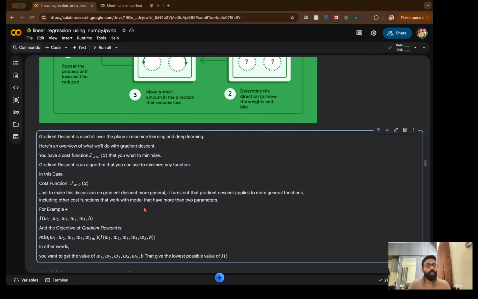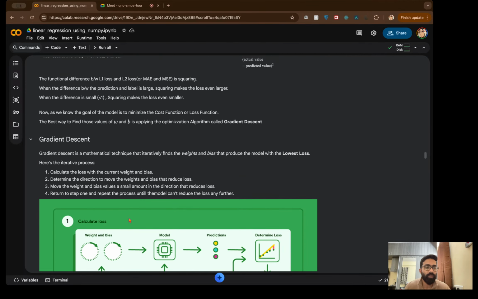Okay. So the cost function, just to make this discussion on gradient descent more general, it turns out that gradient descent applies to more general functions, including cost functions that work with models that have more than two parameters. So the cost function can be written in this way: J(w1, w2, w3, w4, w5, b). Earlier the cost function was written in which way?